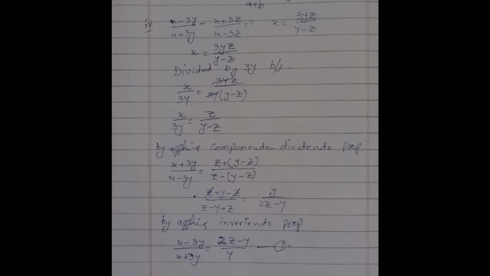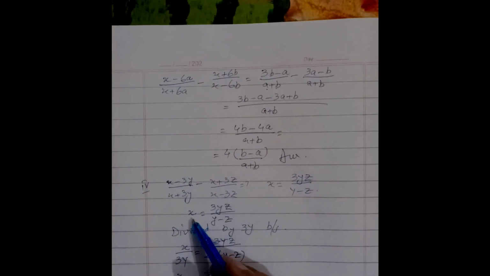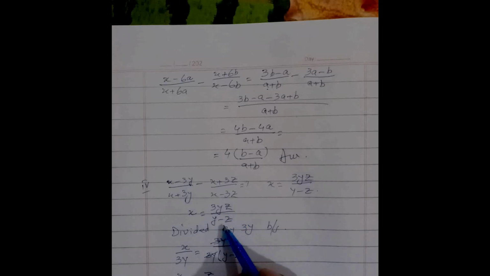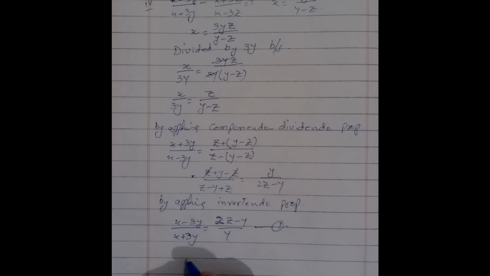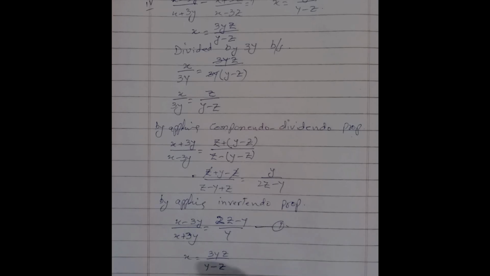And again we start from the beginning, x is equal to 3yz over y minus z. Here we divide 3z both sides.